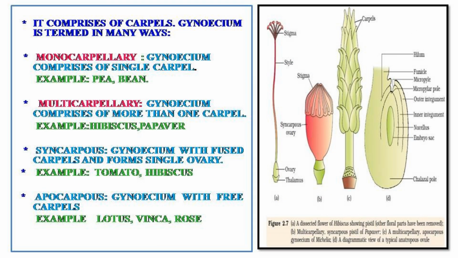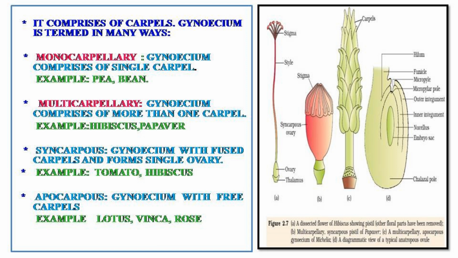Since gynoecium is made up of carpels, based on the number of carpels, the gynoecium is classified into mainly two types, that is monocarpellary and multicarpellary.